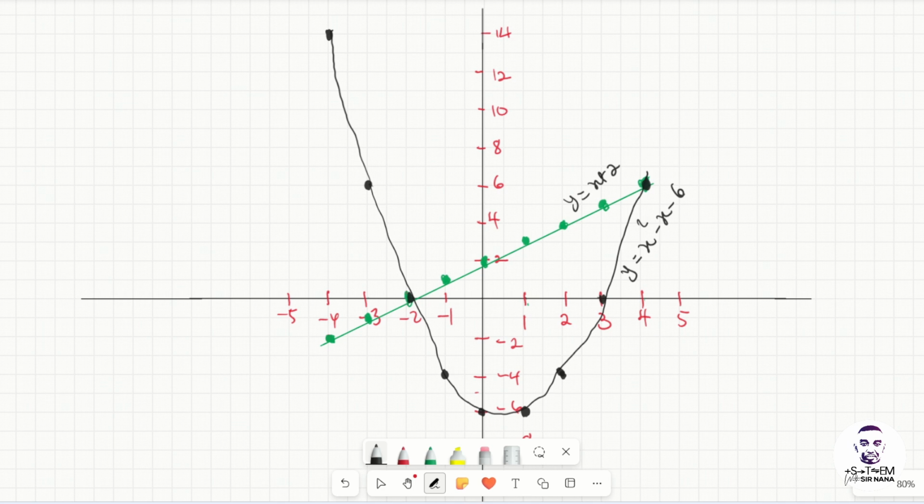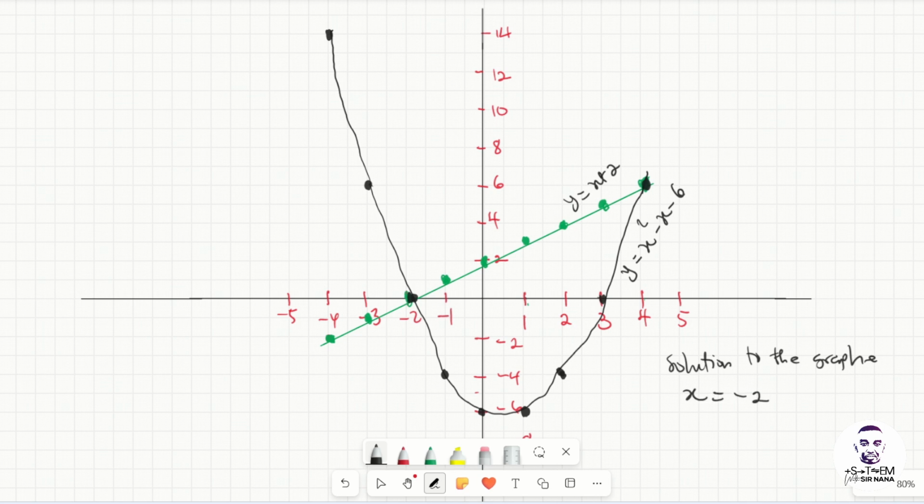So the solution to the quadratic graph is basically the point where the line touches the curve, right, on the x-axis. So here, the line touches the curve here as x equal to -2. So the solution to the graph will be x is equal to -2 as one of them.